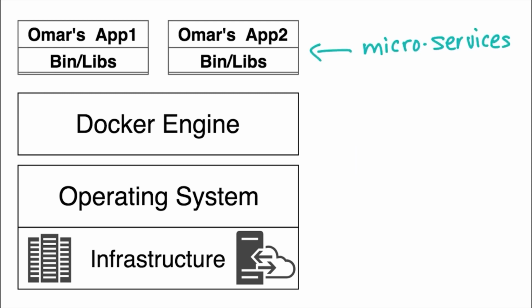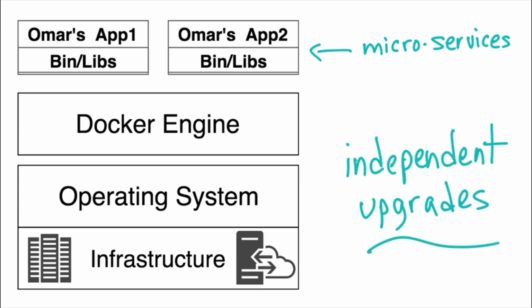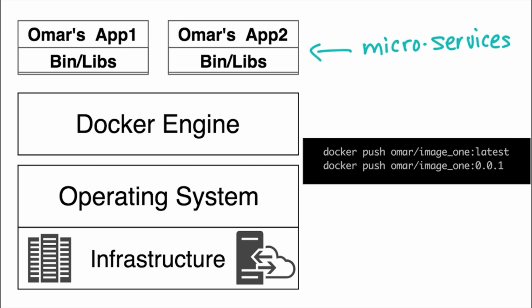Each container can be seen as a different microservice, and you can upgrade them independently very easily, right? That's one of the biggest benefits from running a microservice architecture or a multi-container architecture. That's because each image of a container can be version controlled, so you can track different versions of the container and, again, upgrade them very easily.